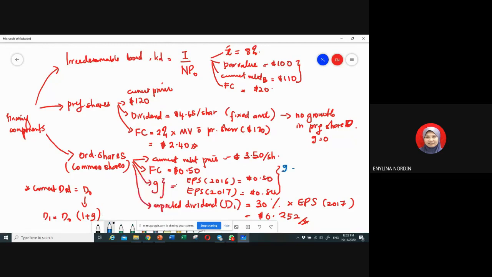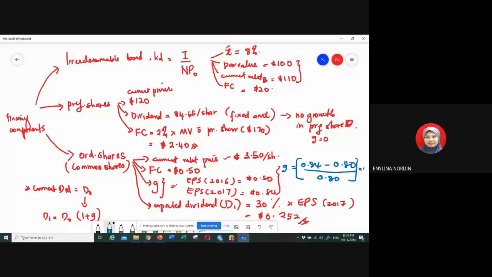So how to calculate g? Earning per share for year 2017 is 84 cent, minus 80 cent, then you divide by 80 cent. And don't forget to multiply by 100.